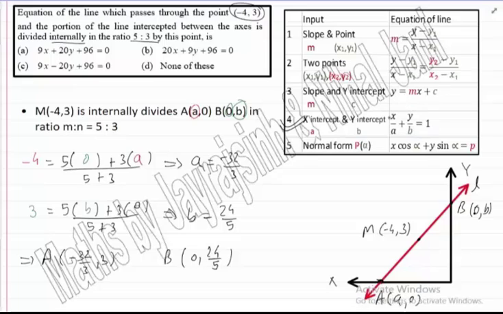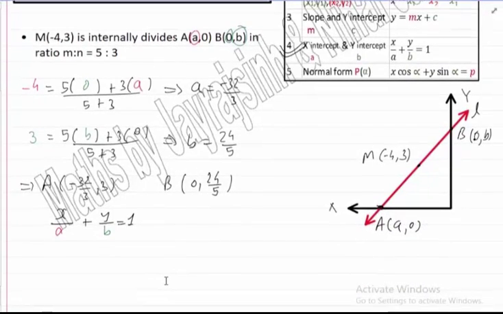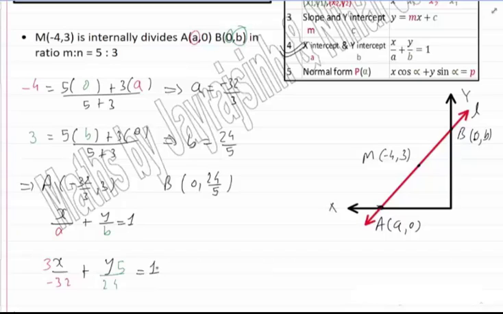So we are ready to use the intercept form of the equation of a line, right? So x upon a plus y upon b is equal to 1, or we can say we have to put the values of a and b. x upon minus 32 by 3 plus y upon 24 by 5 is equal to 1, right?